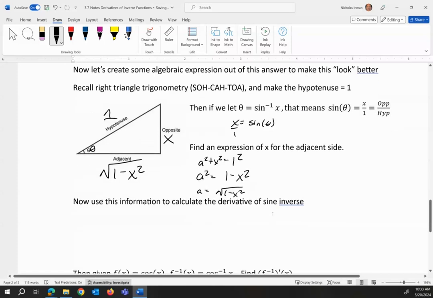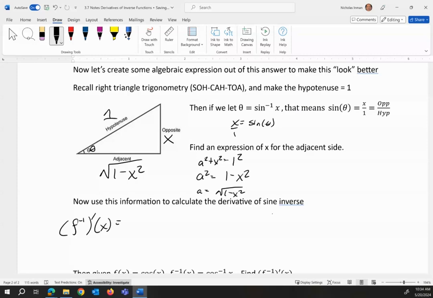Now to put this back together, do you remember how we just said our inverse derivative of sine was 1 over cosine of sine inverse of x? The nice thing is that we can put this all back together and not have these sines and cosines and the inverse in here anymore. Sine inverse gives us an angle, so we have cosine of some angle.